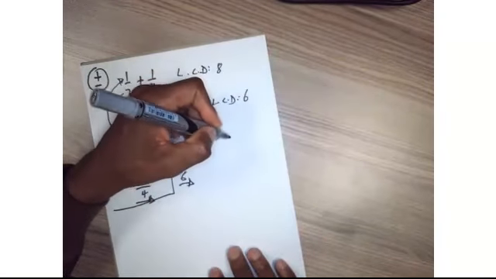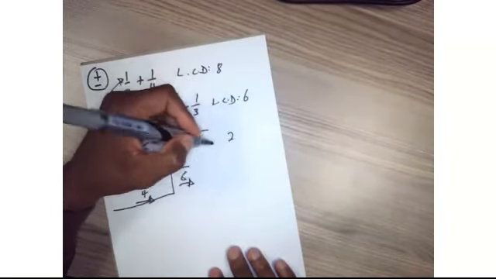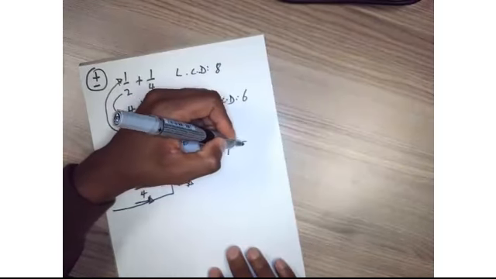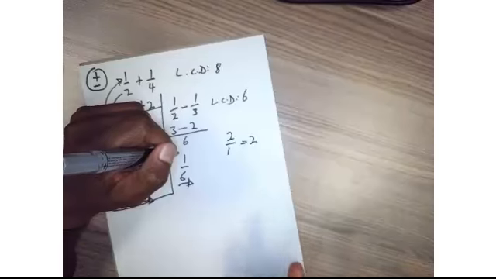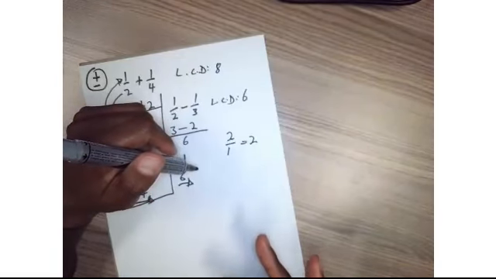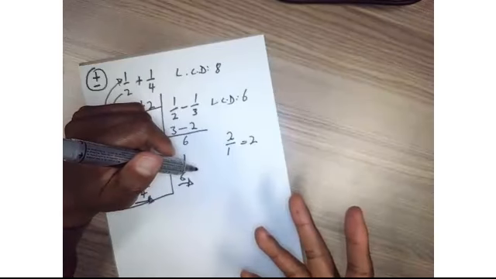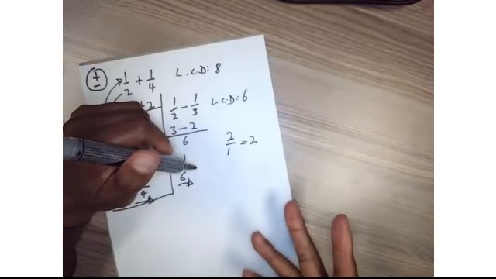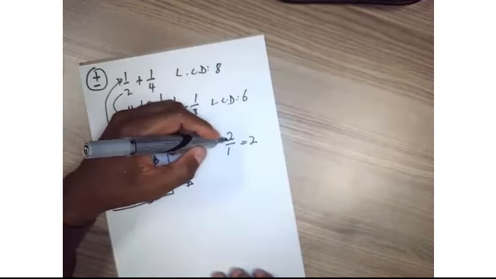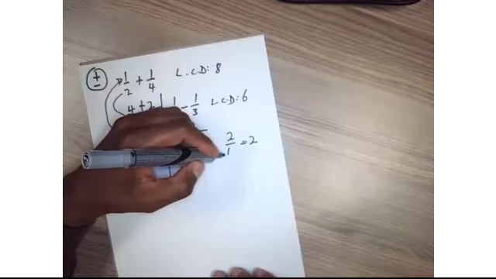Now, if you look at 2, right? 2 divided by 1 is 2, right? So that's why there's a rule saying any number divided by 1 is that number, just as 2 divided by 1 is 2.